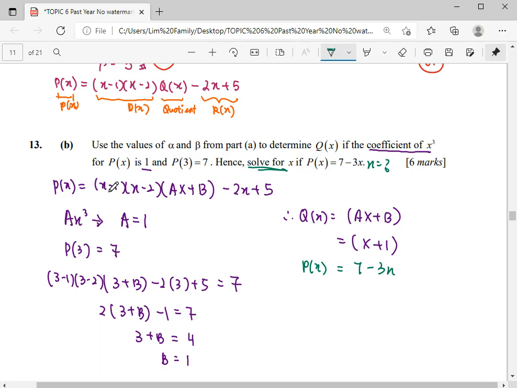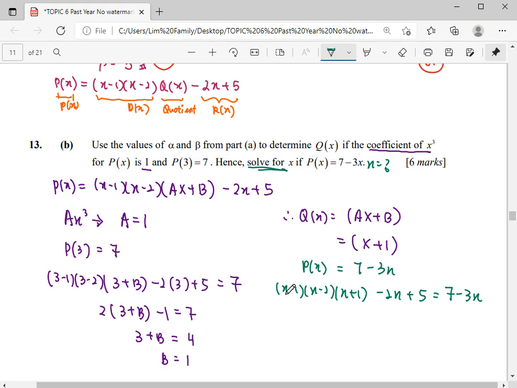So we substitute our px here with our Qx together. Qx we already found, so we use it. When you want to solve it, it means we have to expand and then factorize and then find out what our x is.